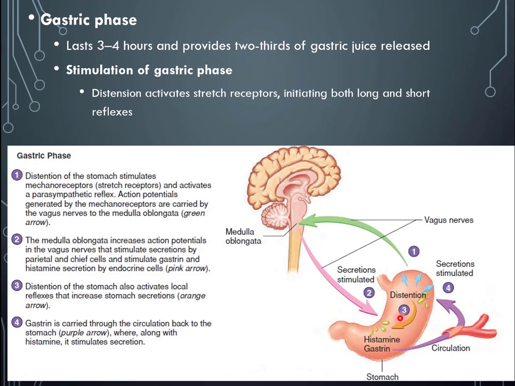Now, the distension of the stomach also activates local reflexes that increase stomach secretions, going in that particular direction. Gastrin is carried through circulation back to the stomach, where along with histamine it would stimulate secretion.